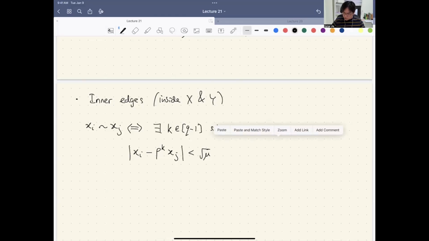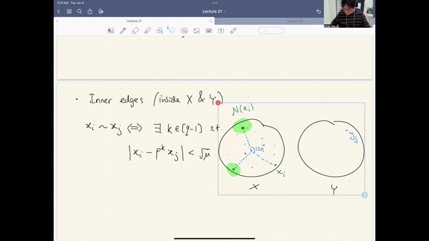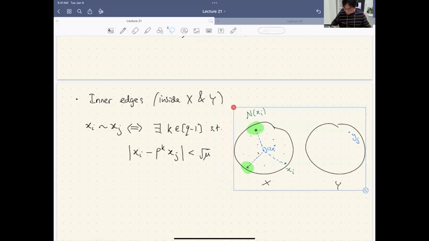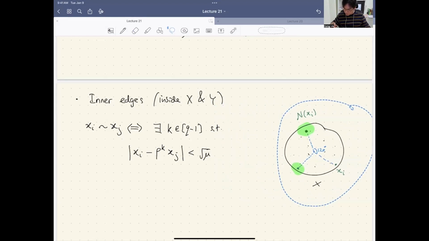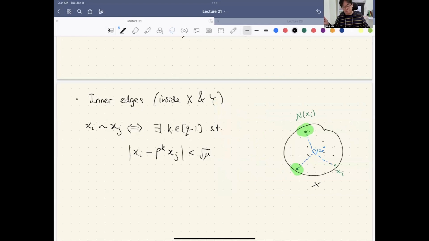So in terms of picture, this is the picture. I don't need Y, Y is the same. Just delete this. This is the picture when q equals 3.